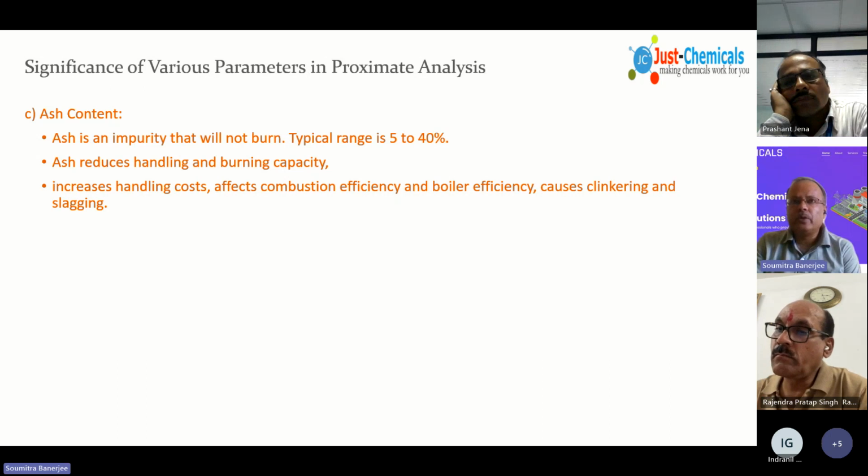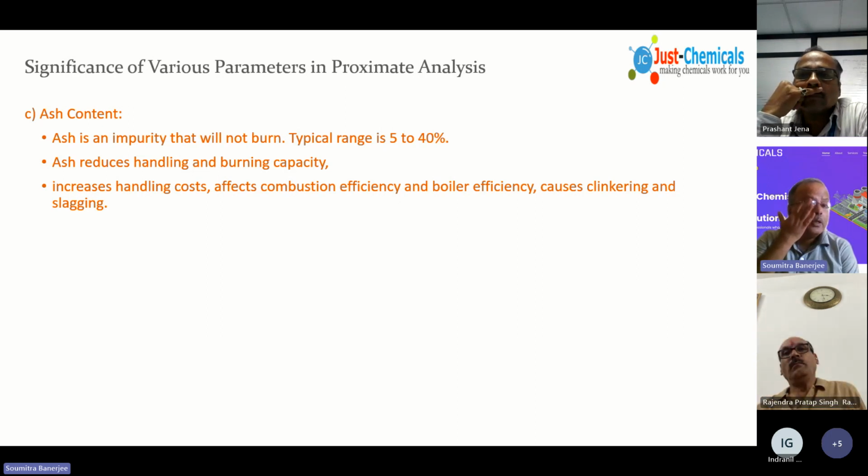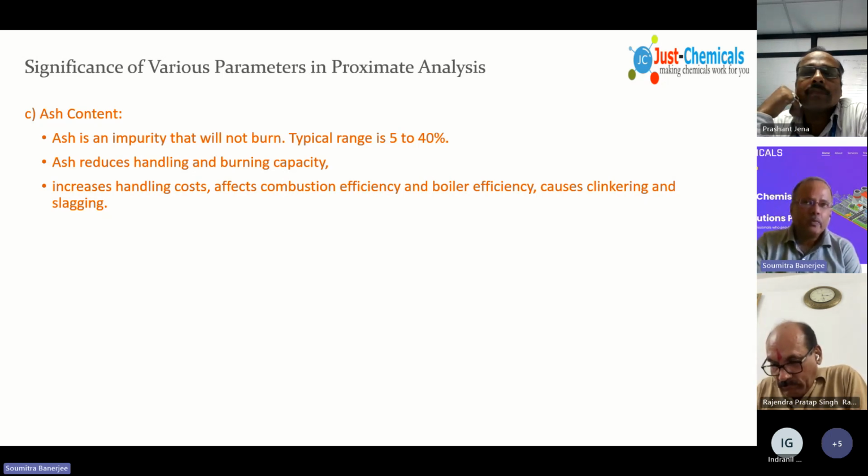Overall 25% reduction, so 1 kg will become 0.75 kg. Now percentage-wise, the coal sulfur and coal ash will increase because they remain constant. Suppose that was 20% of 1 kg, that becomes 1 upon 0.75 into 20%. So that increases.